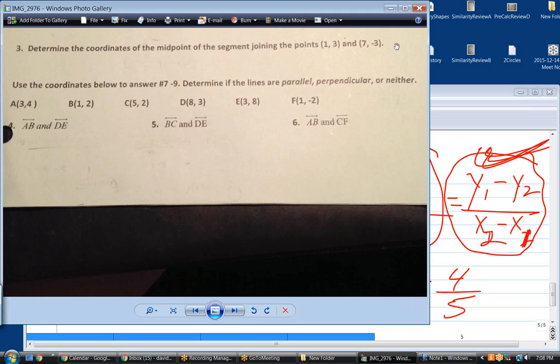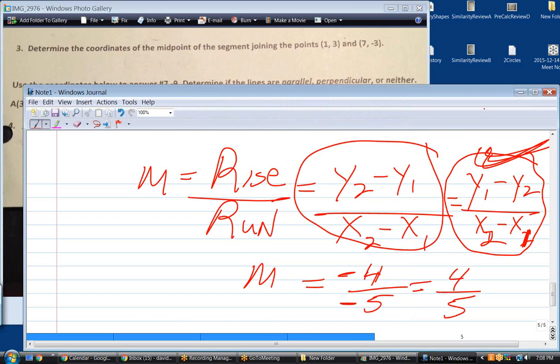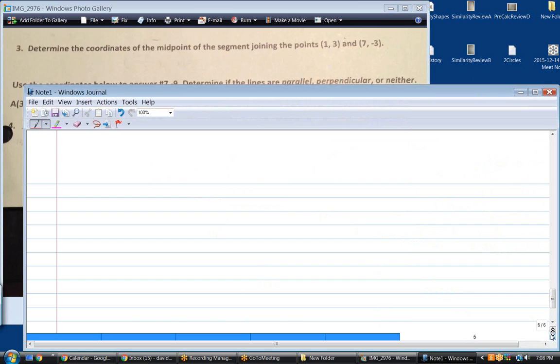Okay, midpoints are really easy. You don't care that we're looking at an x and y coordinate here. The only thing I care about is what's the midpoint of the x coordinates. What's halfway between 1 and 7? Okay. So, there's 1 on a number line.